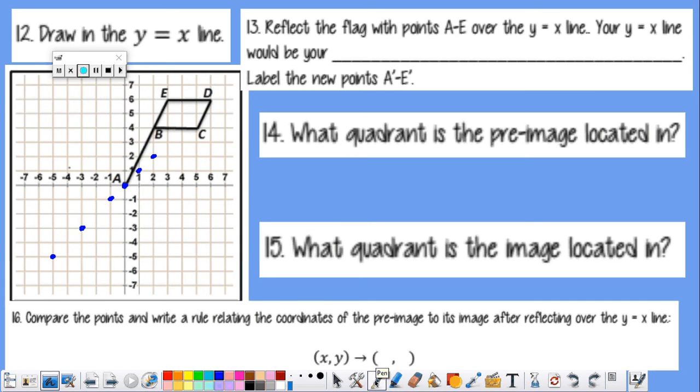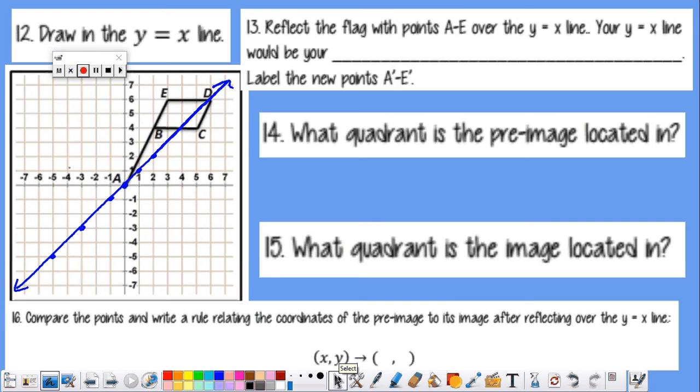Is this an increasing or decreasing line? Increasing line, very good. Hopefully mine goes pretty straight. Decent. All right, so that is my line y equals x.